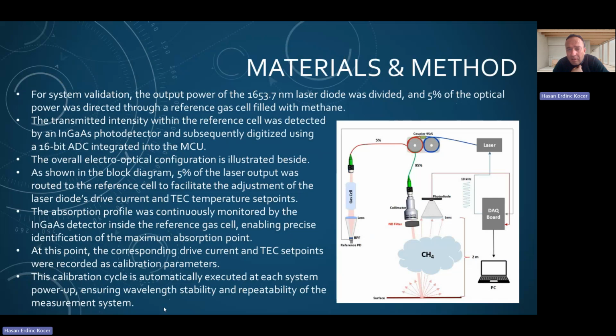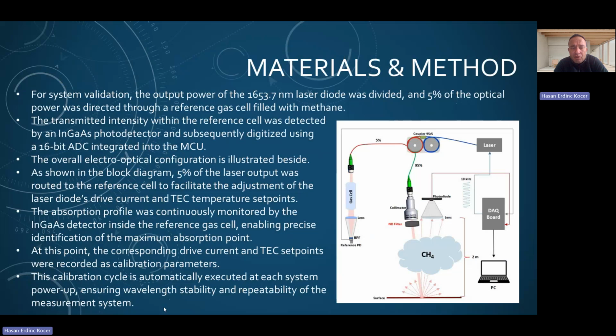Then we use a filter to get the surface light lines. The absorption profile was continuously monitored by the gallium arsenide detector inside the reference gas cell, enabling precise identification of the maximum absorption point.